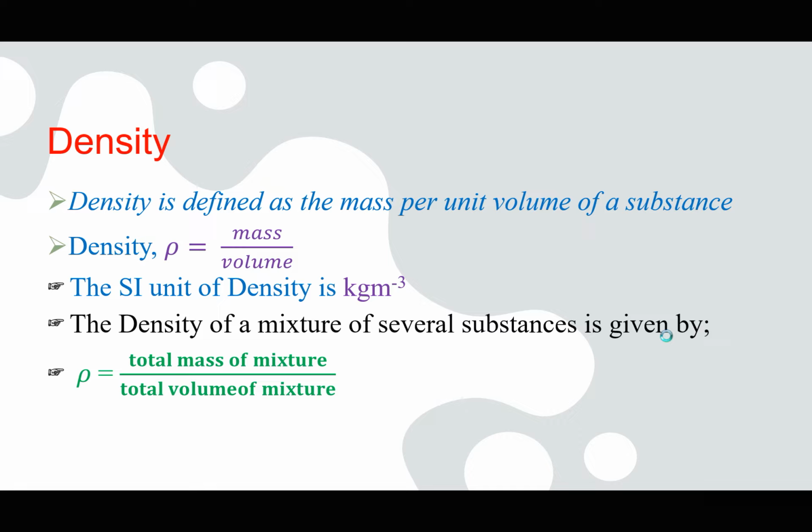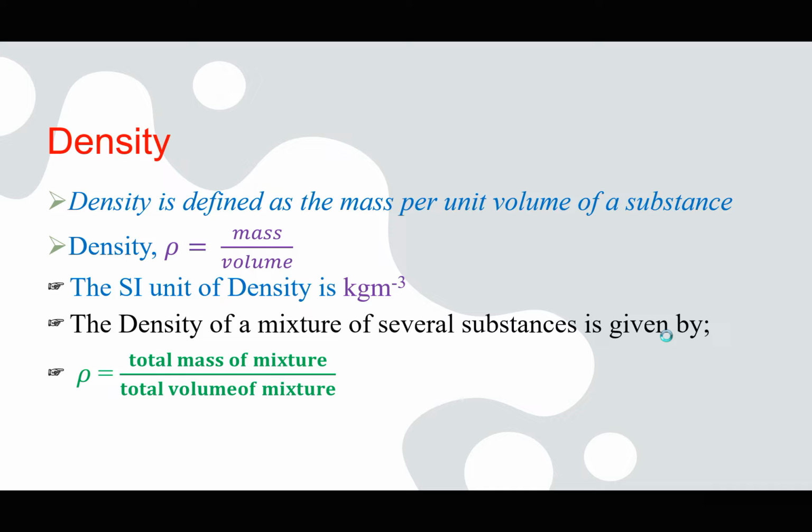In IGCSE, you also distinguished between scalars and vectors. Or you might have distinguished between scalars and vectors in the first unit of AS physics, that is physical quantities and units. And you might have mentioned density as one of the examples of scalars. A scalar is a quantity which only has magnitude.